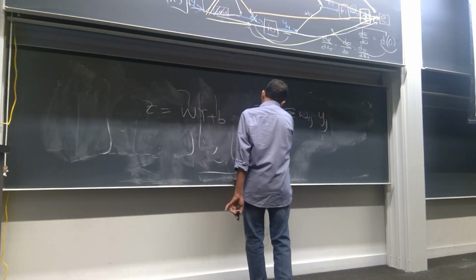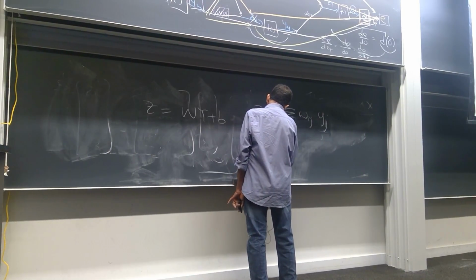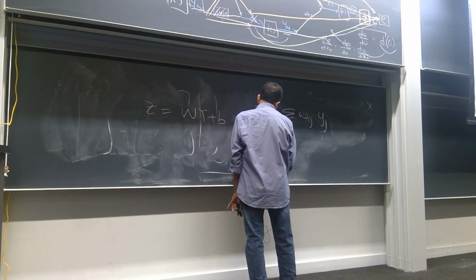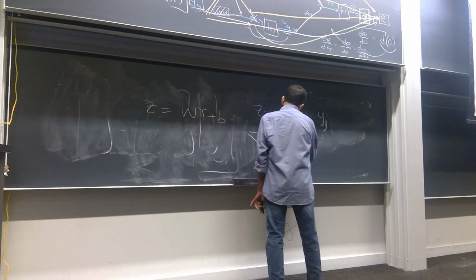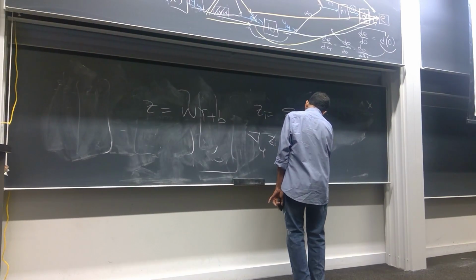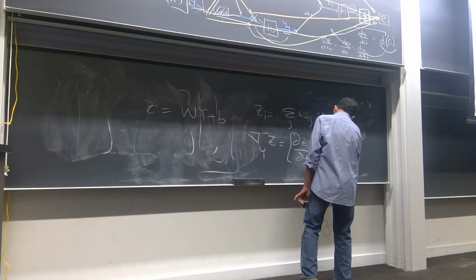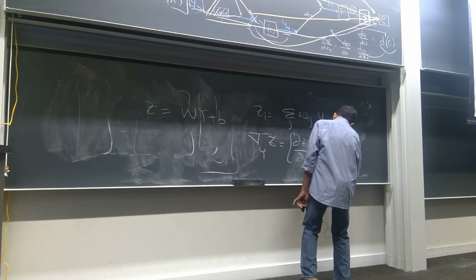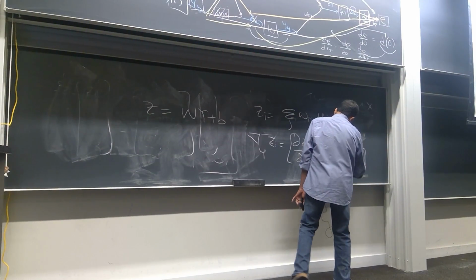So the gradient of z_i with respect to y, which is all of the y's, is going to be the partial derivative of z_i with respect to y1, the partial derivative of z_i with respect to y2, and so on.